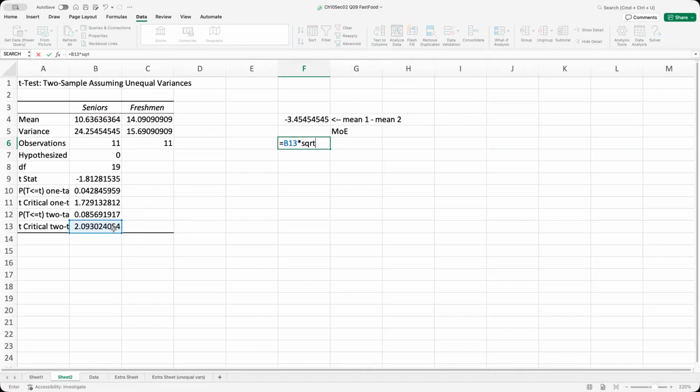Times the square root of variance 1 divided by count 1 plus variance 2 divided by count 2. And then I add or subtract that to my difference to get the confidence interval.